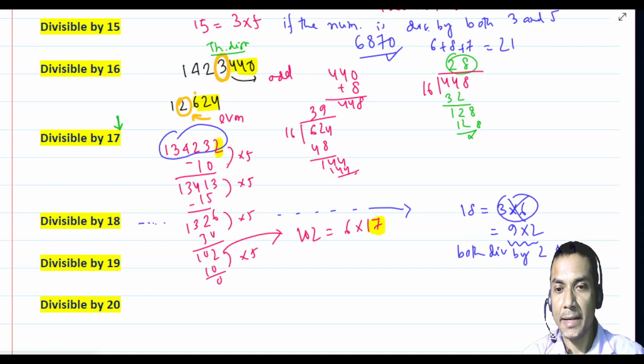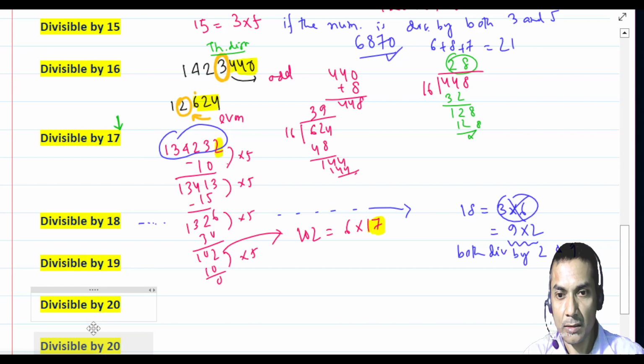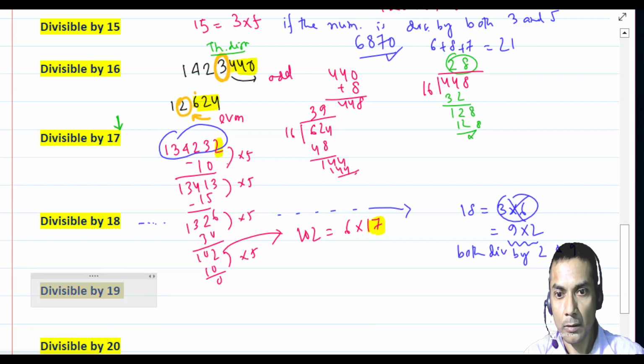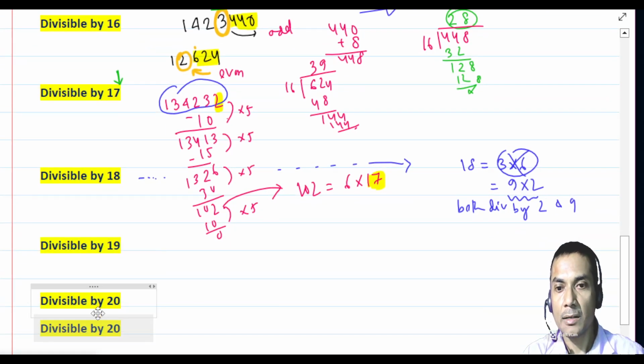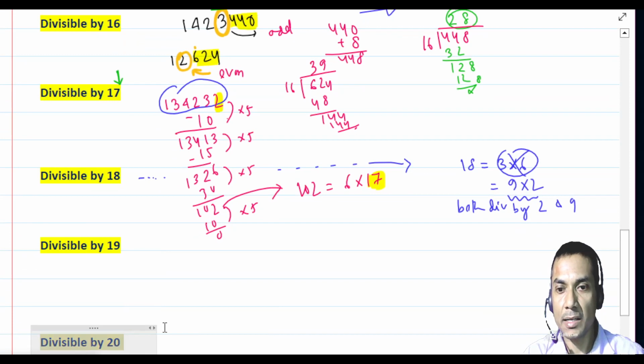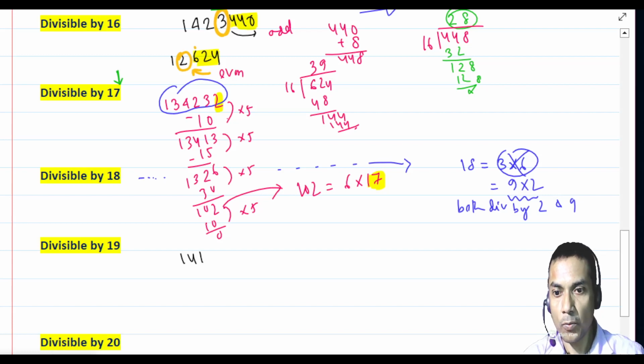Then what about 19? The rule for 19 is the same as 7, but here you have to add. For example, 141702.